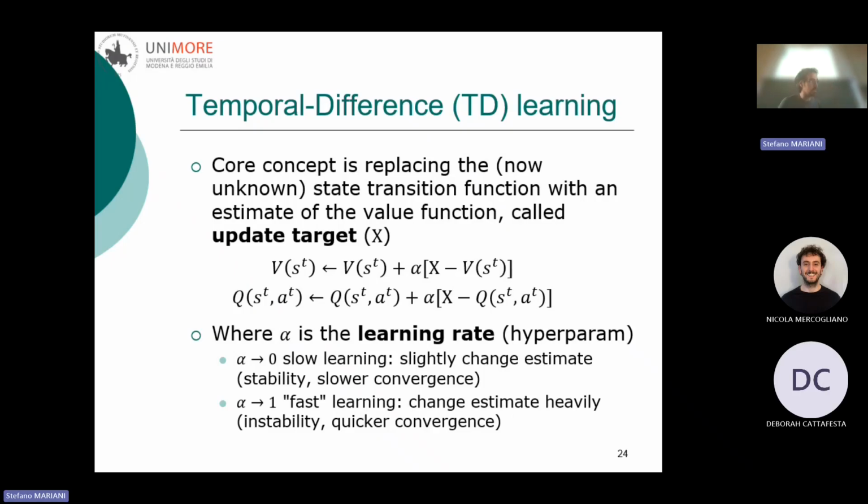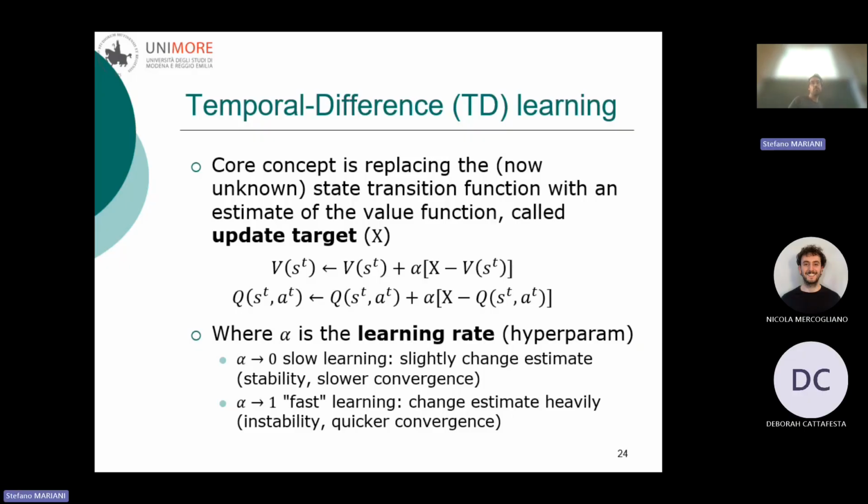So now instead, do you need the learning rate? Because whatever you put in X, that's not the actual state value. That's not the actual state action value. That is an estimate. And so another way to see alpha is how much do I trust my estimate?